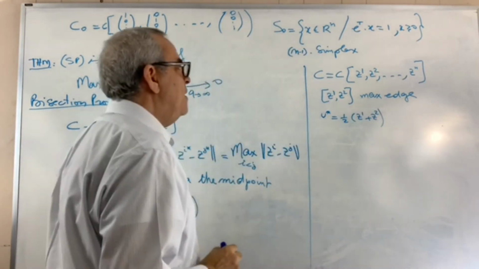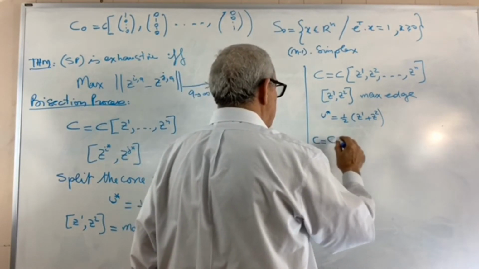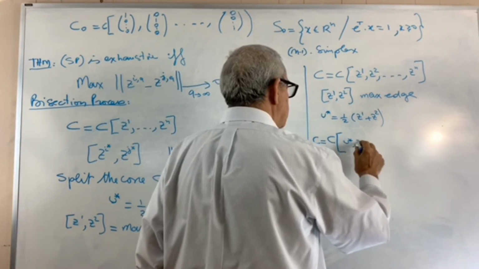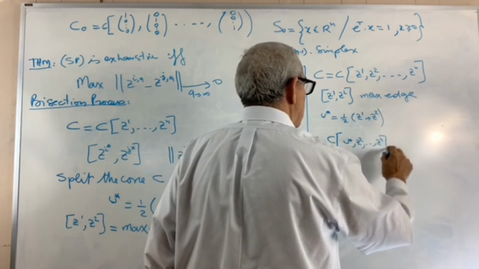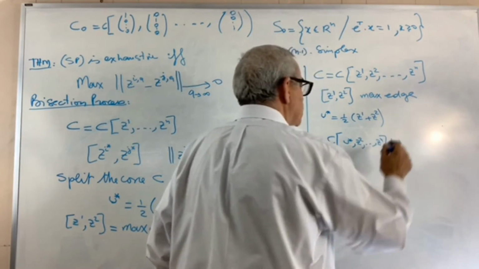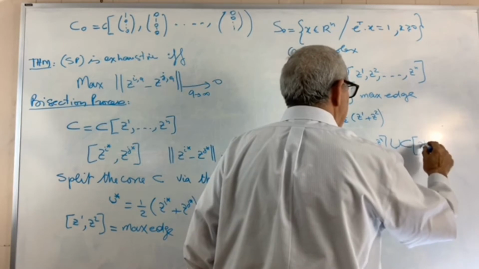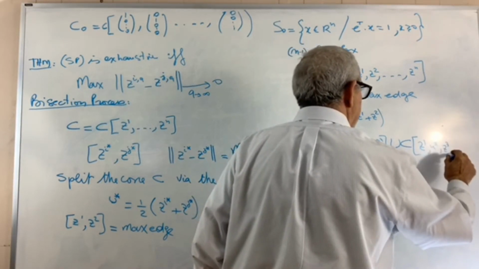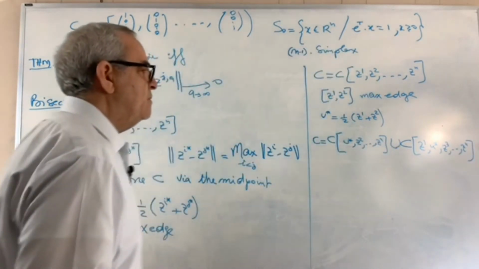Then we can write C as C of U star, Z2, etc., Zn, union C of Z1, U star, and then Z3, etc., Zn. Okay, that's obvious.